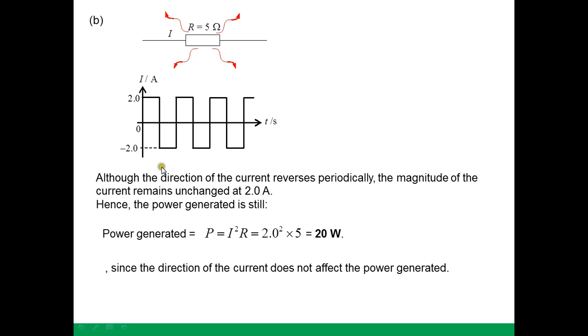In part B, although the current reverses direction, the magnitude stays at 2 amperes. And since 2 squared is the same as negative 2 squared, giving the value of 4, we know that the power will stay at 20 watts throughout time.